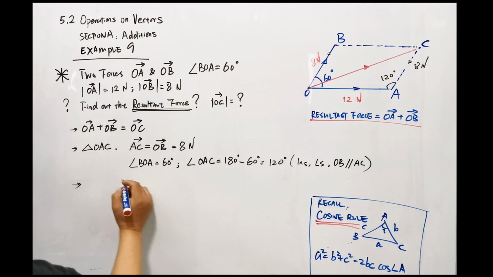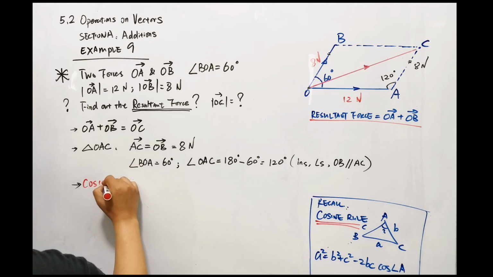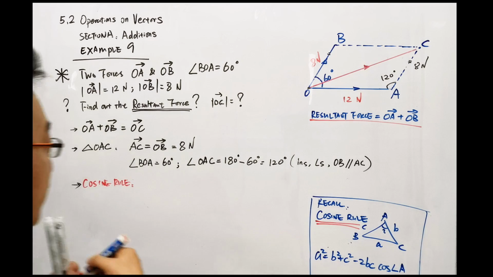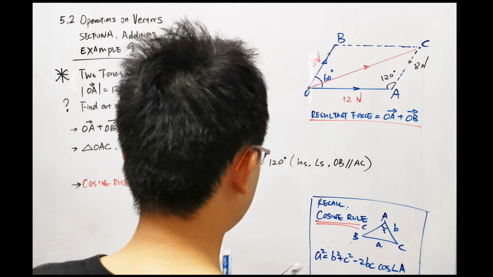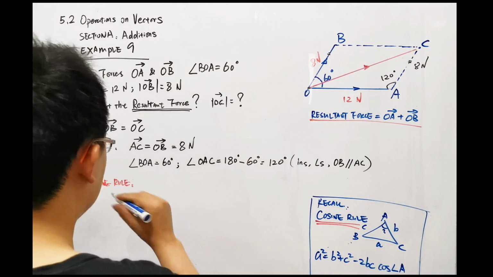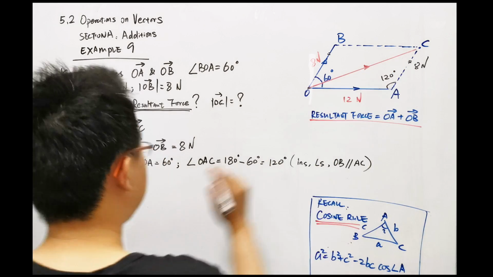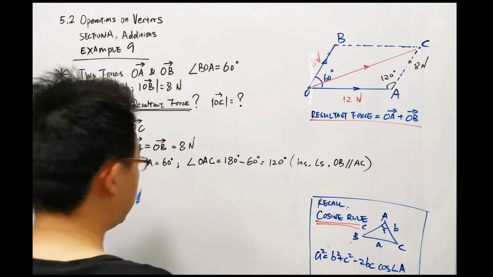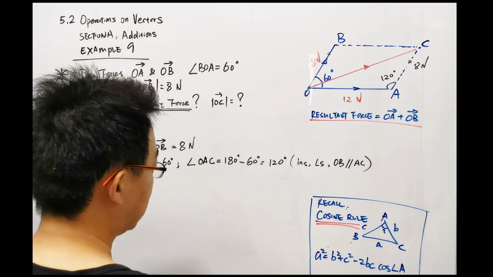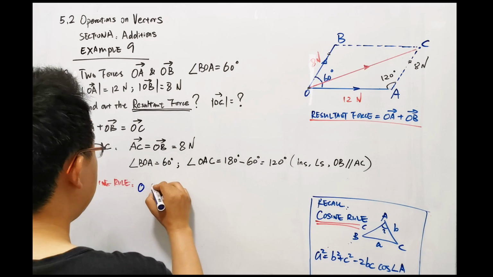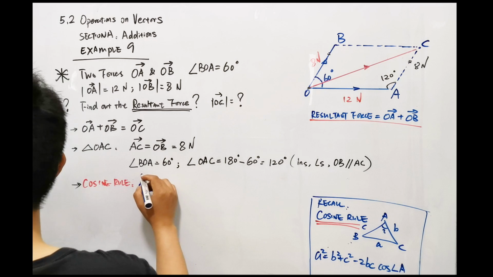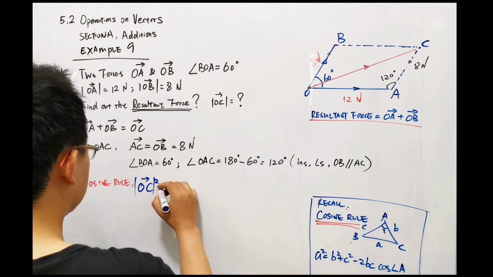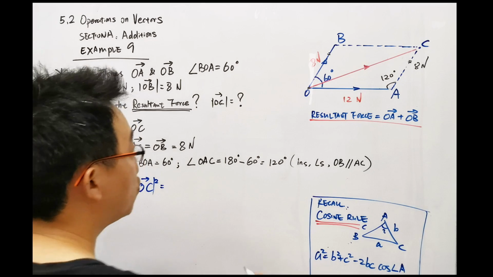So here we also use the cosine rule. So how do we use this cosine rule? Cosine rule is used in this case, right? To find out this OC. In this case, OC squared equals to what?